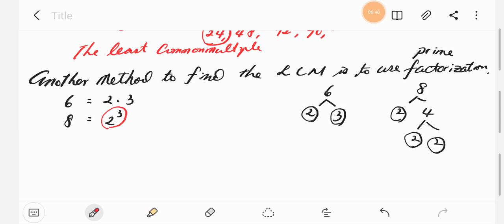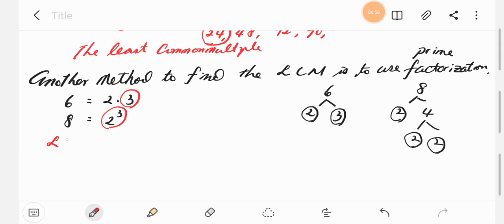Circle this one. And 3 is the only one, so circle it too.